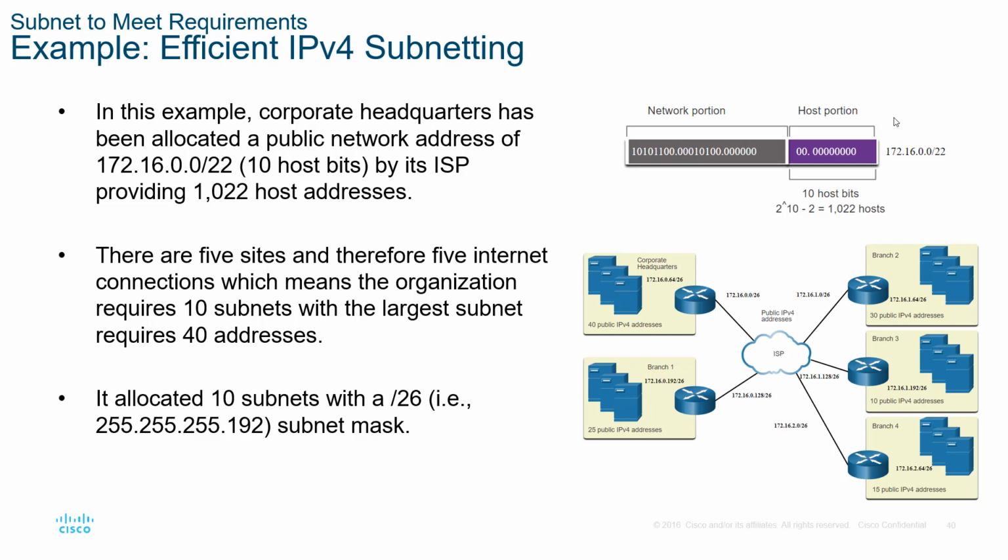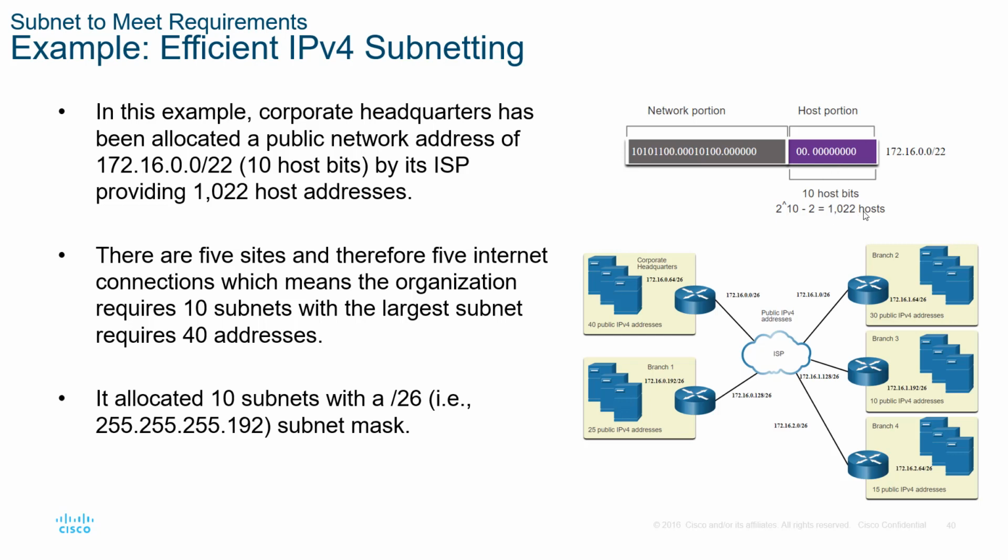I'm going to save that for a different lecture because here we need to just look at the host count. If we're looking at our host count here, this is going to be total hosts. This is not a /26. This is actually a /22.